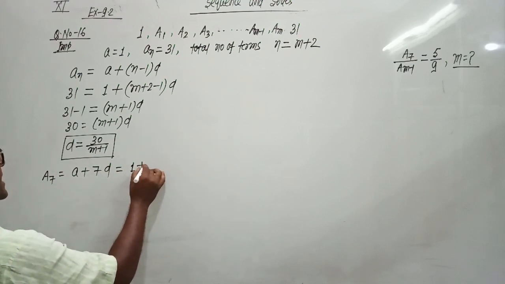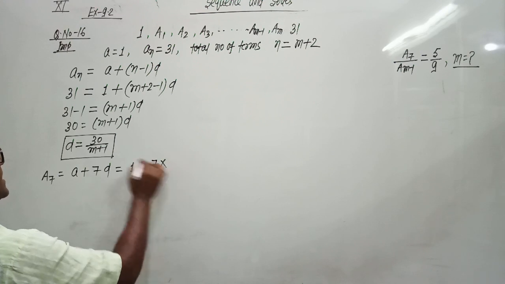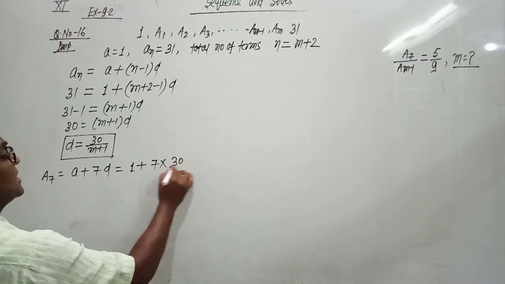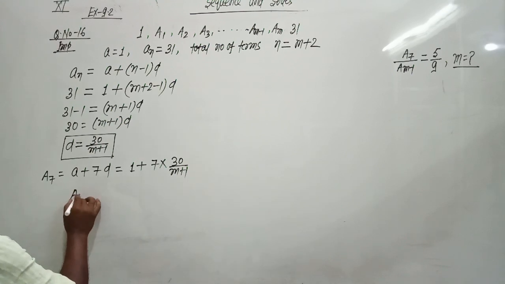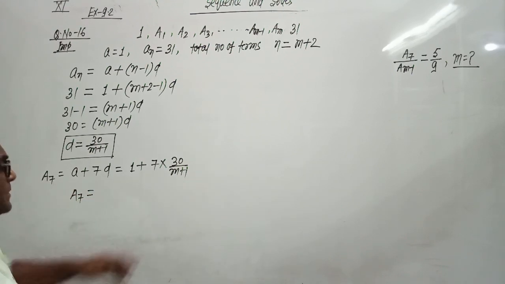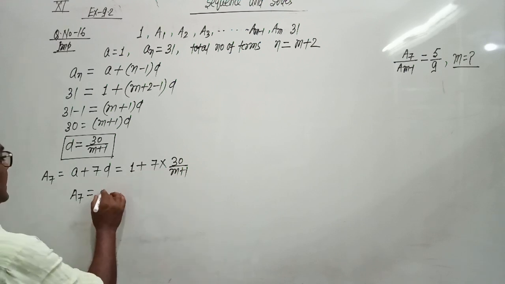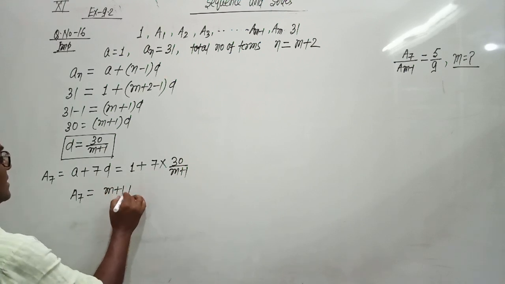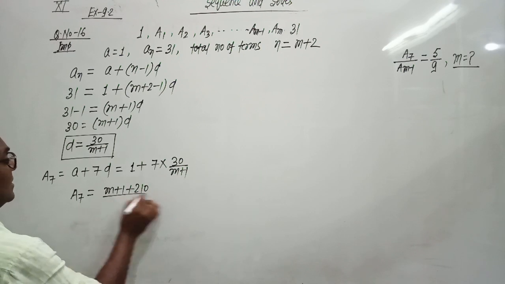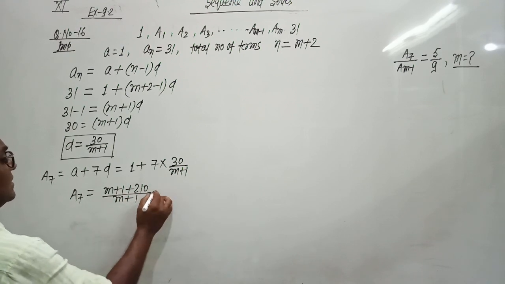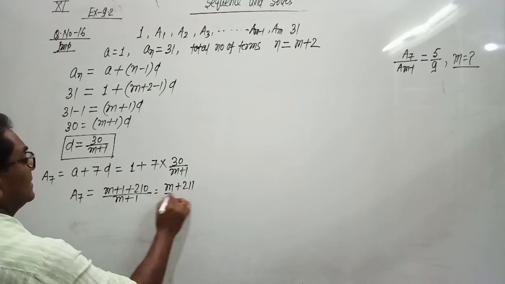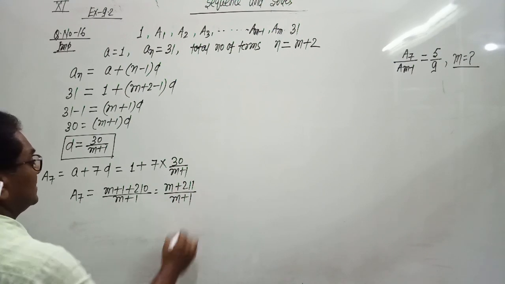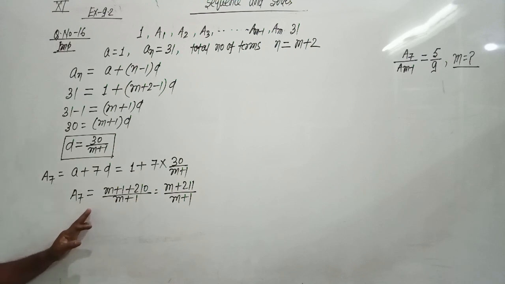The value of a is 1, and 7 into d is 30 upon m plus 1. So A7 equals, by taking LCM, (m plus 1 plus 210) upon m plus 1, that means (m plus 211) upon m plus 1. This is the value of the seventh term, A7.